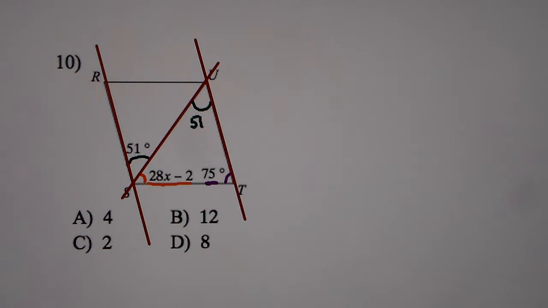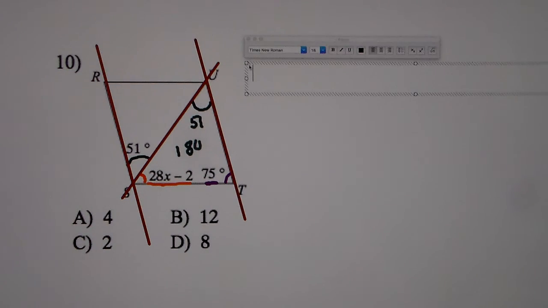Now that we know 3 angles in a triangle, we know that it equals 180 degrees. So we're going to combine all our like terms and set equal to 180. So we got 28x minus 2 plus 75 plus 51. All that's added up is equal to 180.